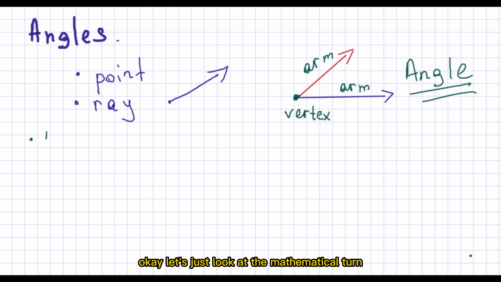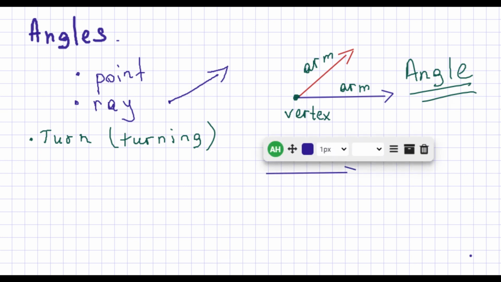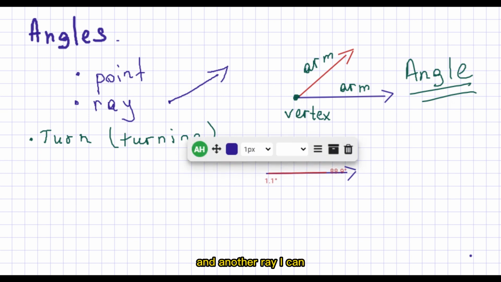Okay, let us look at the mathematical term turn or turning. Let us see what does it mean. Okay, I will draw again two rays. This is one of my rays and another ray.